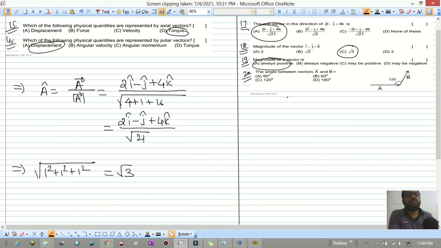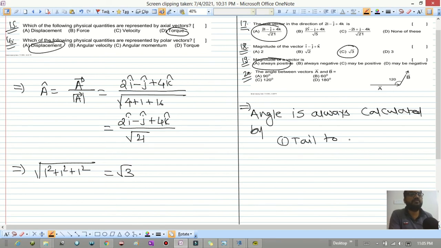The angle between the vectors is always calculated by number 1, the tail to tail method, or number 2, the head to head method.